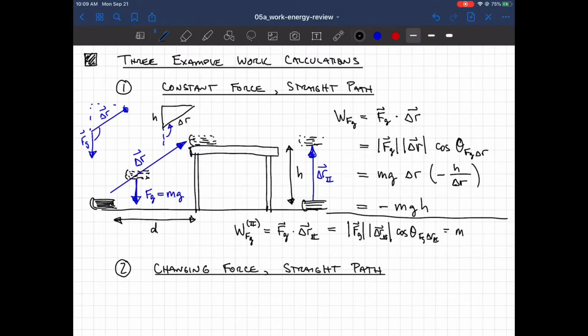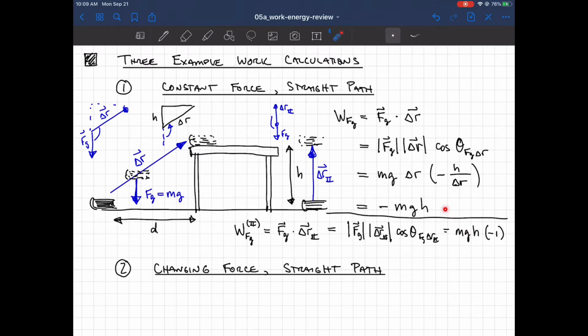And what is that? Well, it's mg for the magnitude of the force of gravity. The magnitude of delta r2 is just h, and then the cosine of the angle, well, if we were to draw those two vectors now, we have delta r2 and we have the force of gravity, the angle between them is 180, so we get a -1 out of the cosine of the angle. And you see we get exactly the same result.